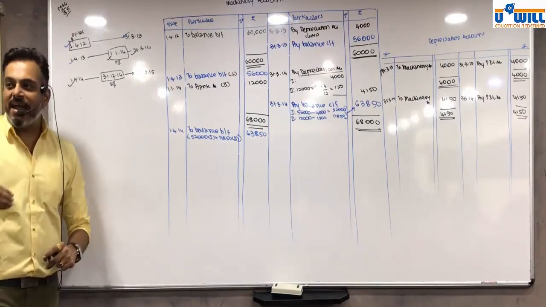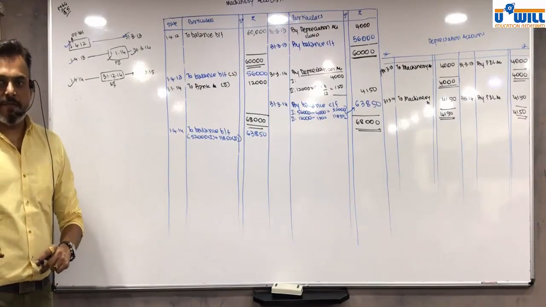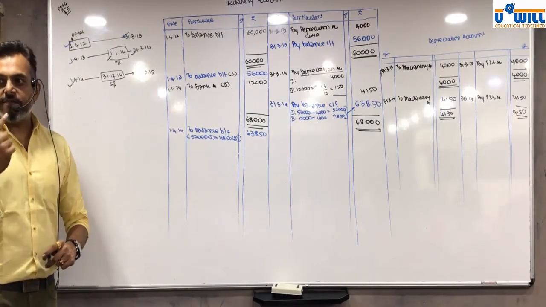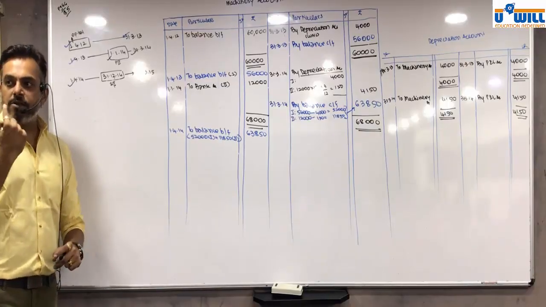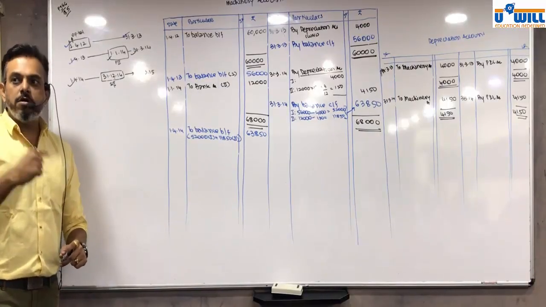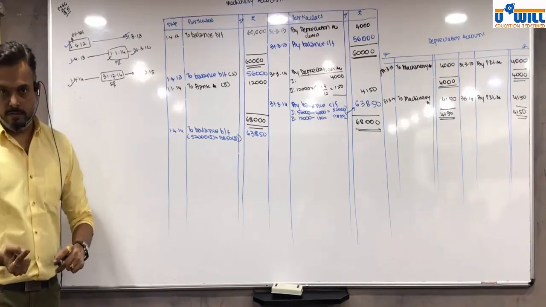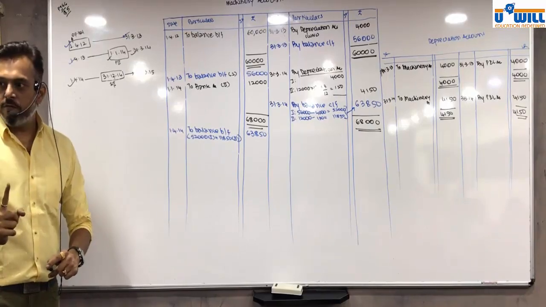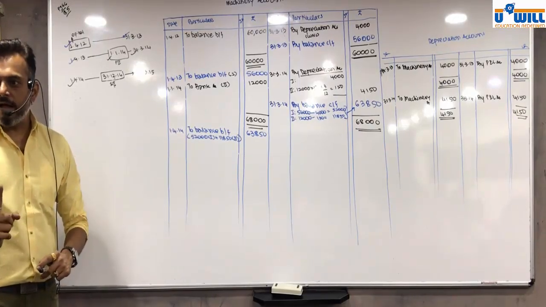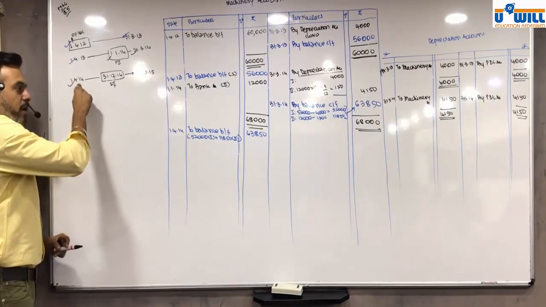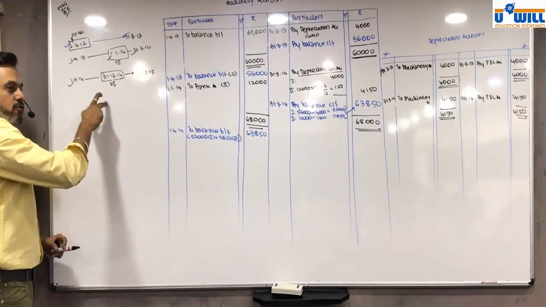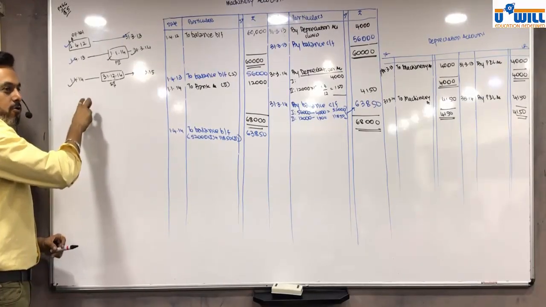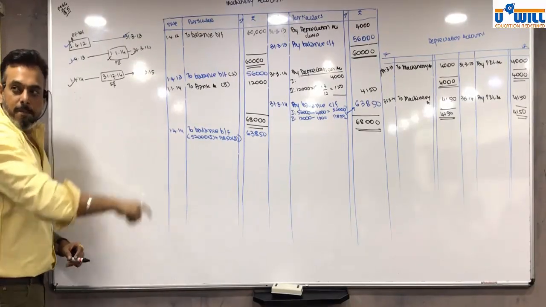So it is 9 months. Please don't make a mistake, otherwise depreciation wrong, book value wrong, sales value wrong, profit or loss also wrong. Understood this? Did you understand how 9 months came? 1/4, so full April, May, June, July, August, September, October, November and December.